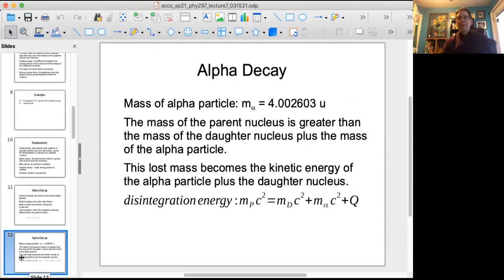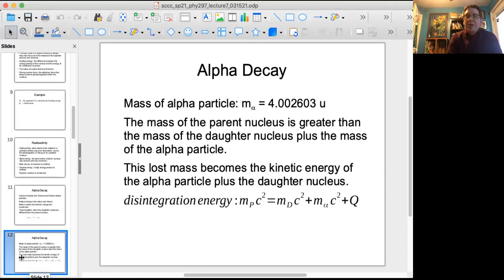The mass of an alpha particle is 4.002603 mass units. So again, you don't expect the mass of a particle in mass units to differ significantly from its mass number, certainly for relatively low mass numbers.